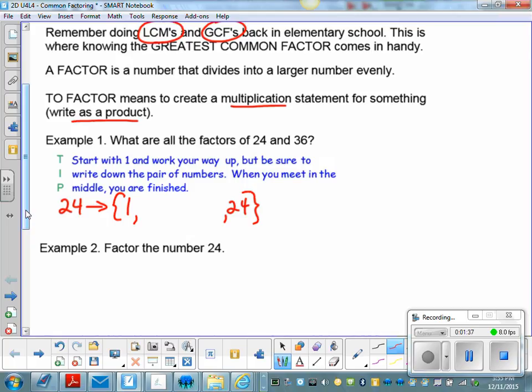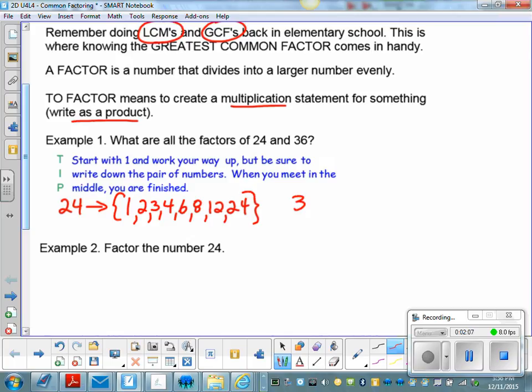And then I'll just keep working my way up here. 2 times 12 is 24. 3 times 8 is 24. 4 times 6 is 24. And next we would hit 5, but 5 doesn't go into 24. So there are all the factors of 24.